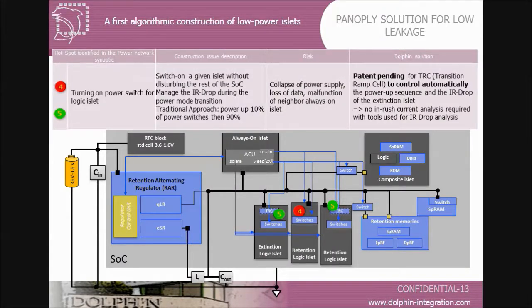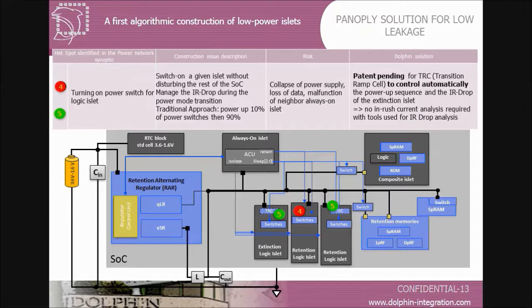Another issue, perhaps one of the most familiar to you, is when you perform extension on retention islets. The construction issue is when you power up all the power switches, you have a current surge due to hundreds of power switches turning on together. The traditional approach is to limit this IR drop by powering up 10% of the power switches, then 90%.